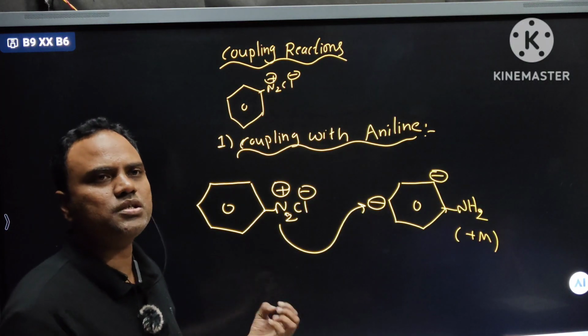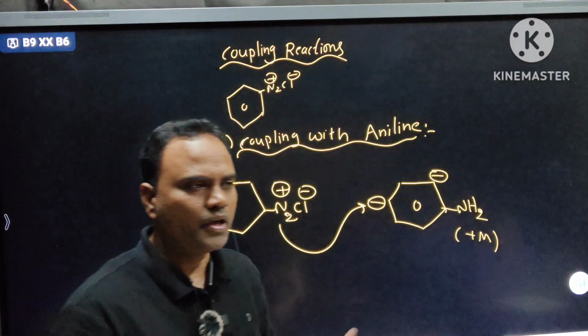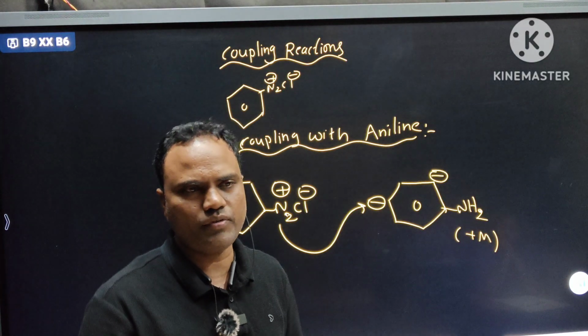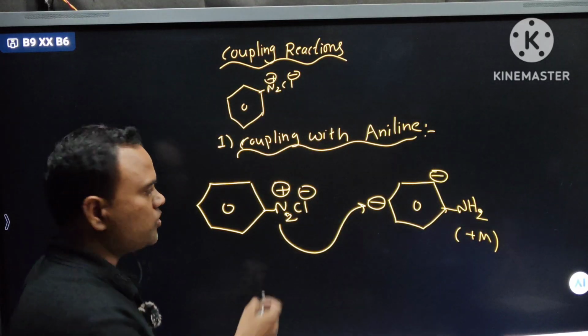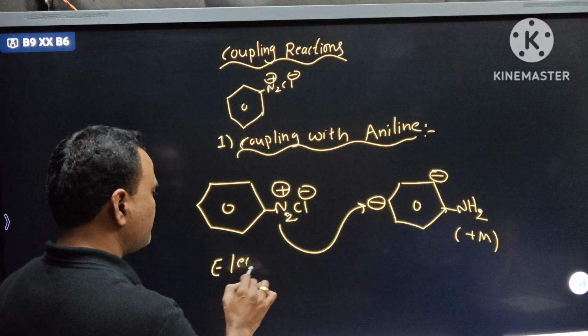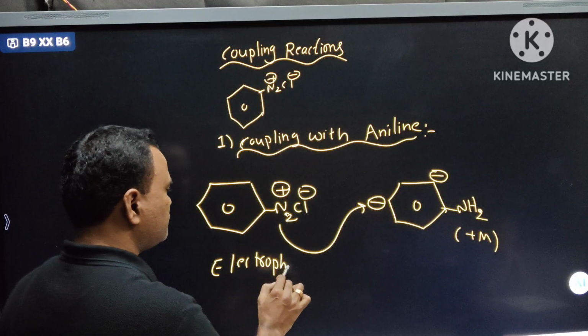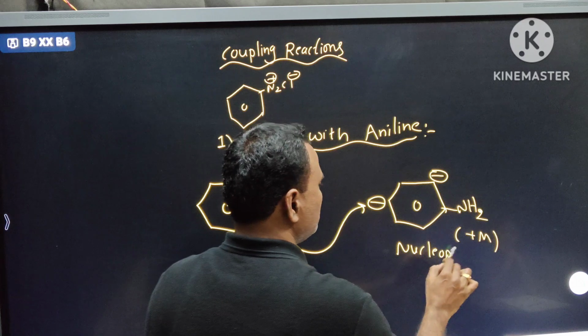In the coupling reaction, what is the role of benzene diazonium chloride? It acts as an electrophile or nucleophile? Positively charged species are called electrophiles. This is the nucleophile.